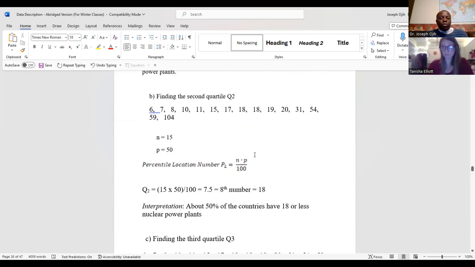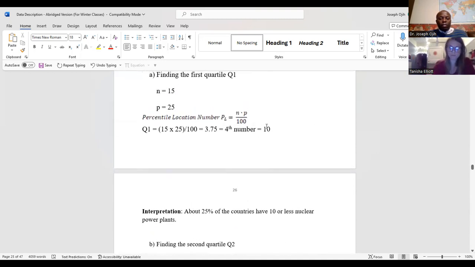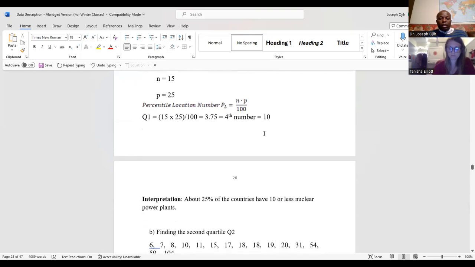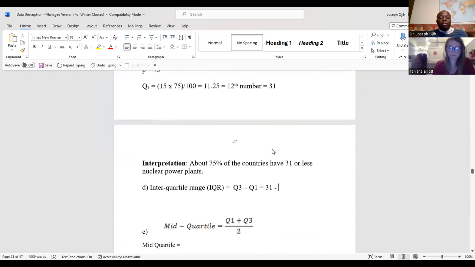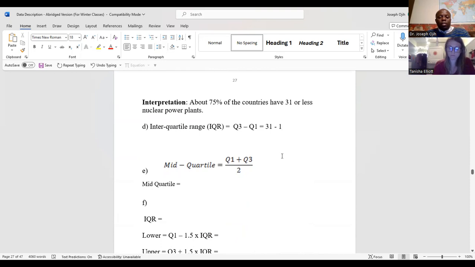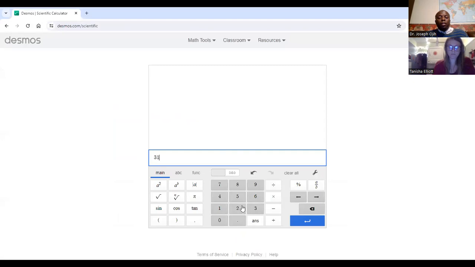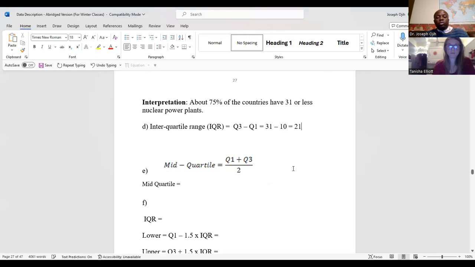We got the first quartile as 10. That means our IQR will be 31 minus 10, which is 21. So our IQR is 21.